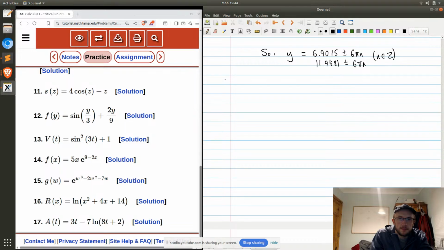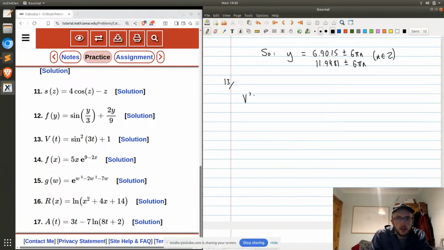13th problem. Find the critical points of v of t, where v of t is equal to sine squared of 3t plus 1. Hold on.